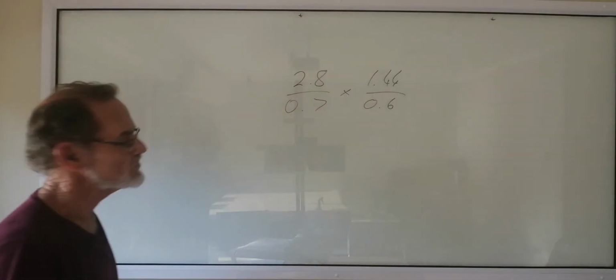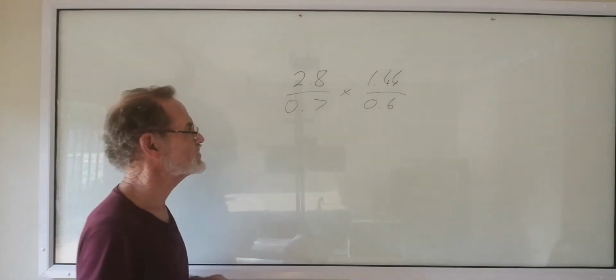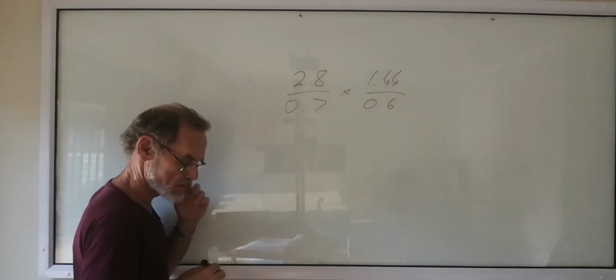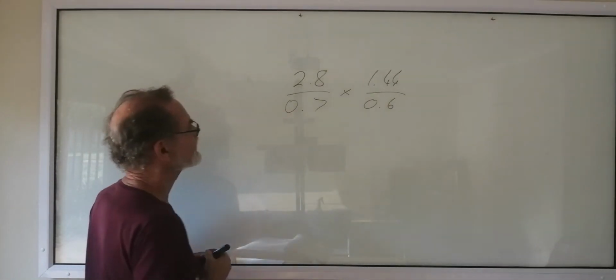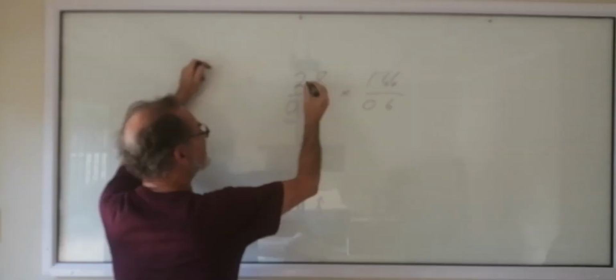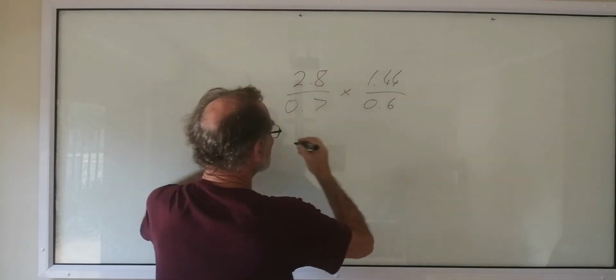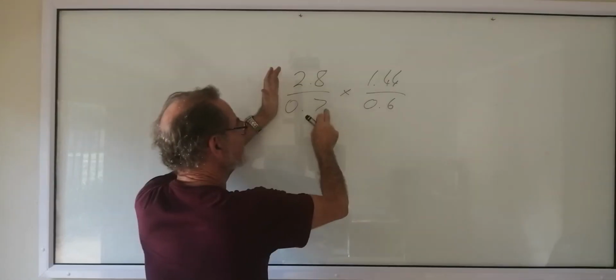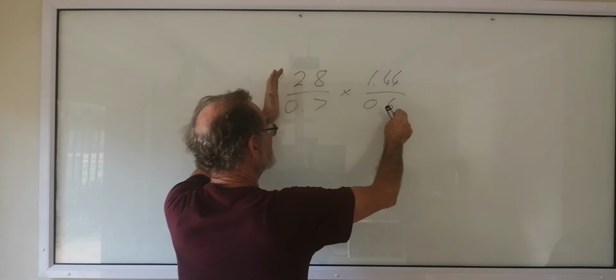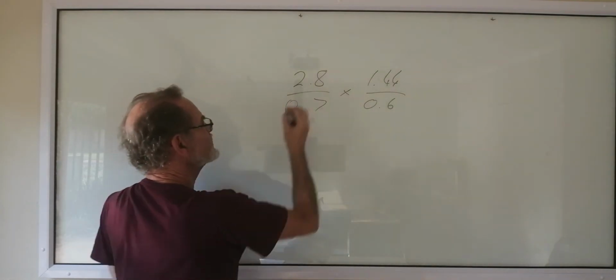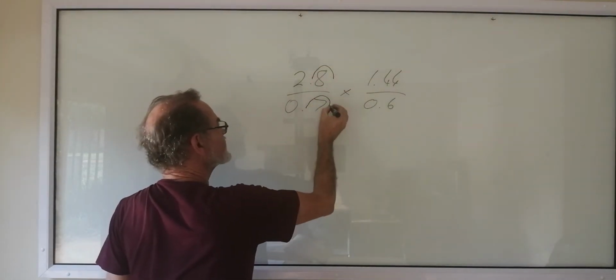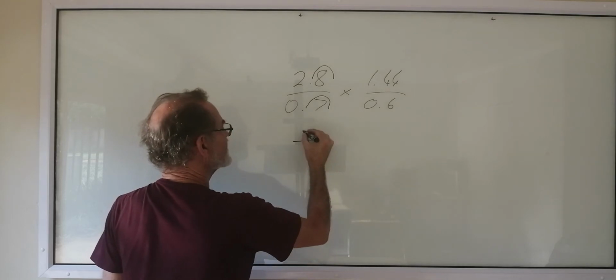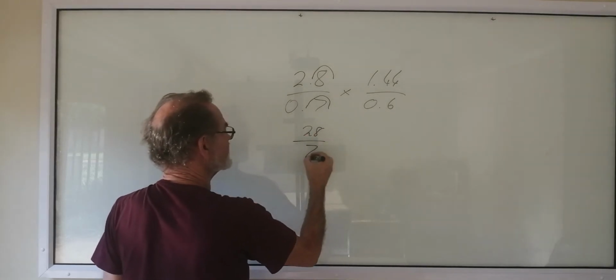Best thing is to change everything to whole numbers first before you start, so that you don't get mixed up. So 2.8, and remember, do here what you do here, do here what you do here. Okay? 2.8, we're going to move 1 that way, this we will also move 1 that way. So this is going to be 28 over 7.